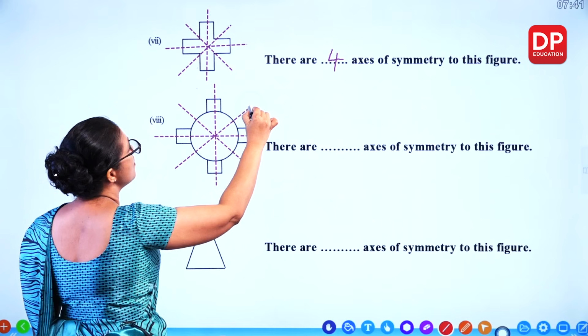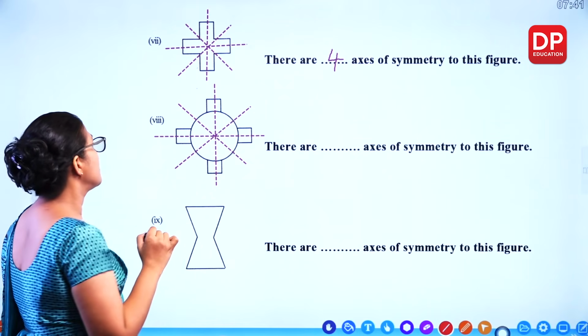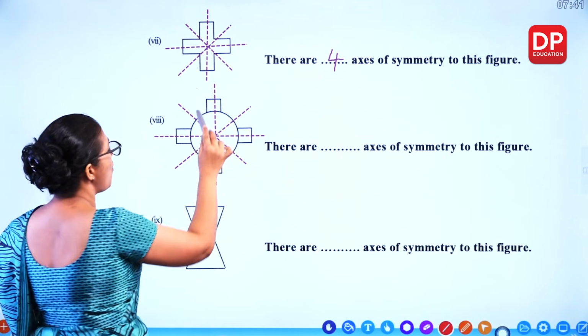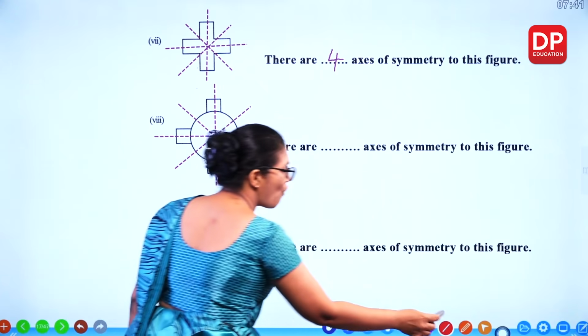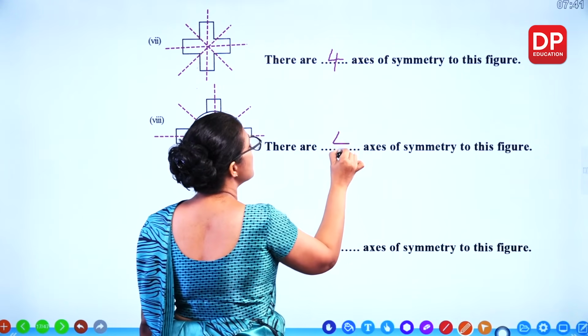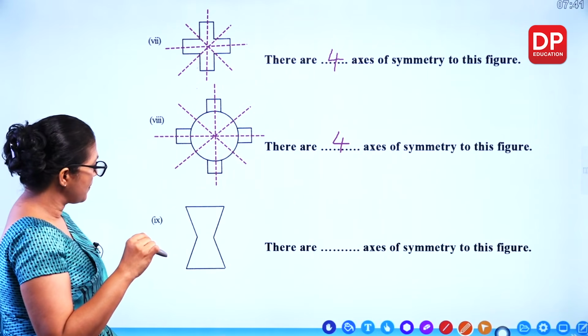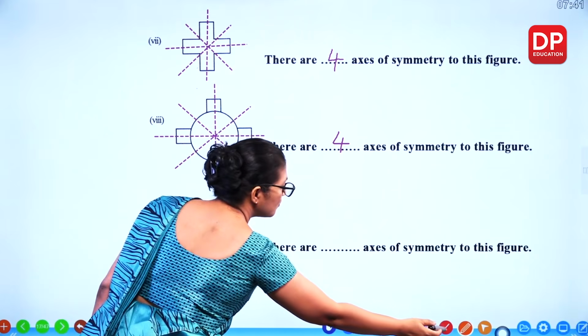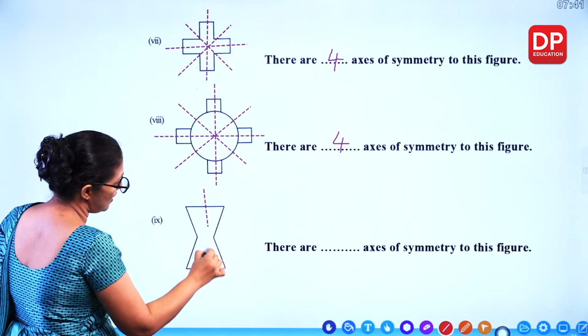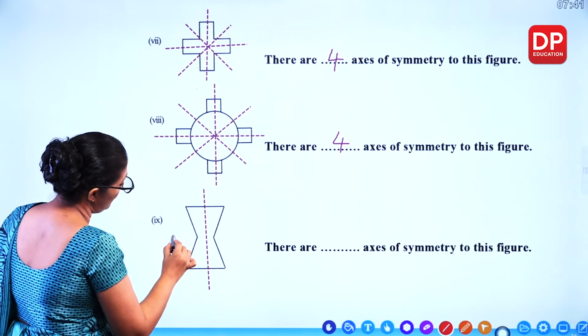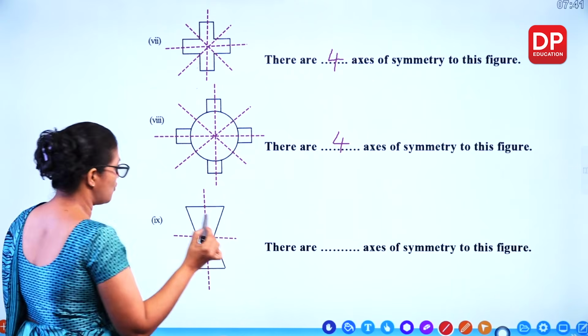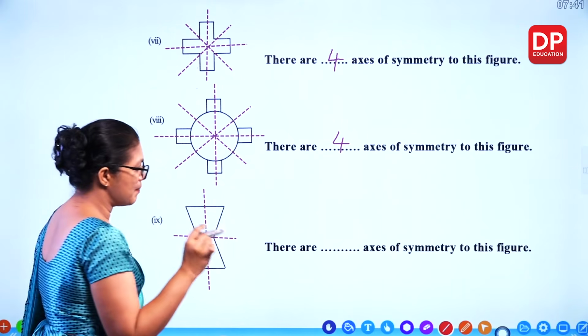This one also possible. So how many lines are there? 1, 2, 3, 4 axes of symmetry. This one, you can draw a line here and only here. So 2 axes of symmetry.